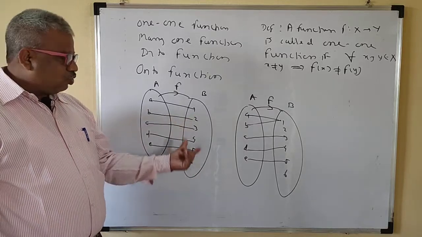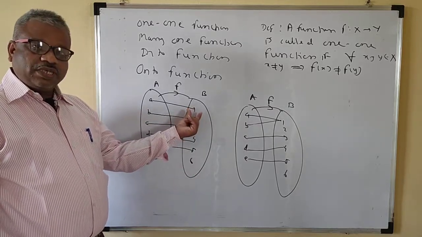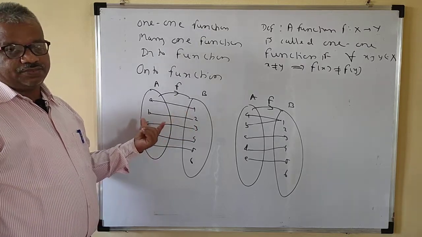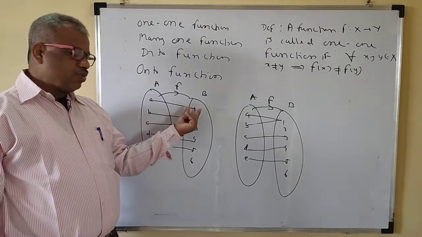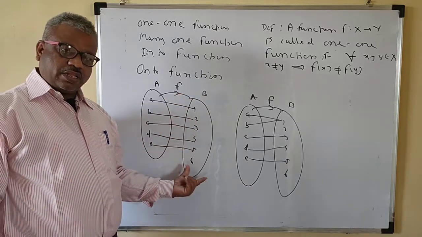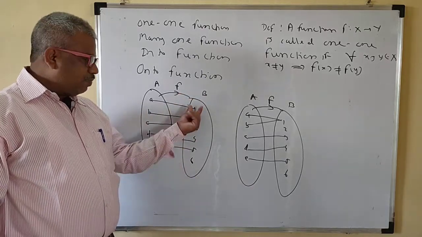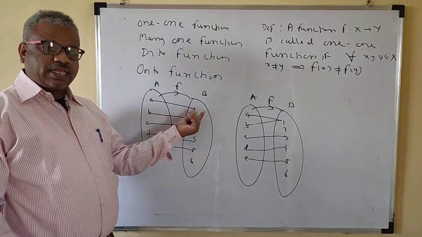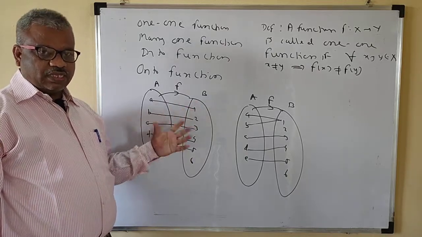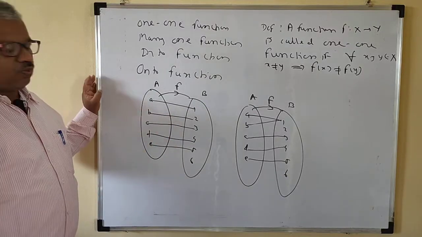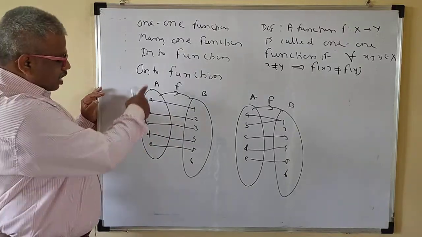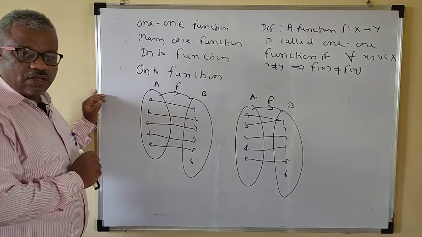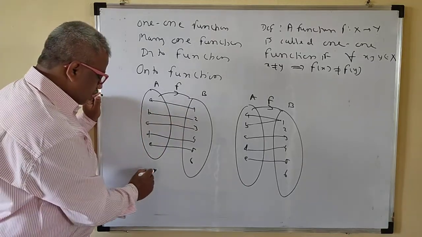You can check here that no element in B has two or more pre-images. If there exists at least one element in the codomain that has two or more pre-images, then that function will not be one-one. Here no two elements have the same image, so this function is one-one.